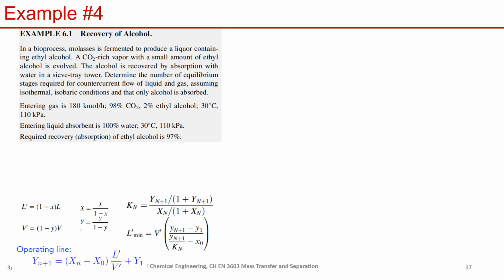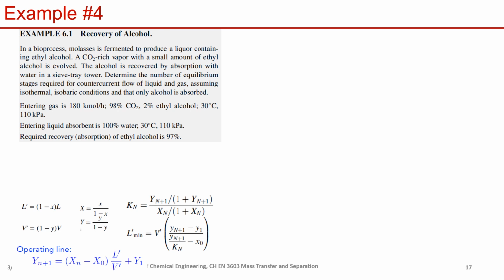So this example is from your textbook, and it's about recovery of alcohol from a mixture of alcohol with some other gases, right? So basically, in a bioprocess, this molasses is fermented to produce a liquid containing ethyl alcohol.